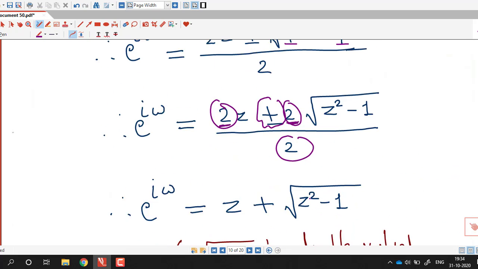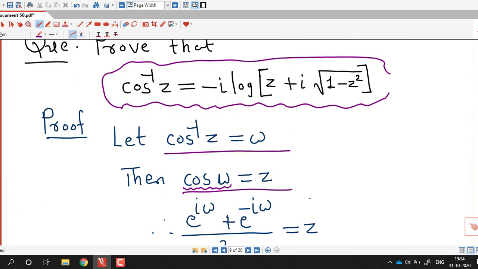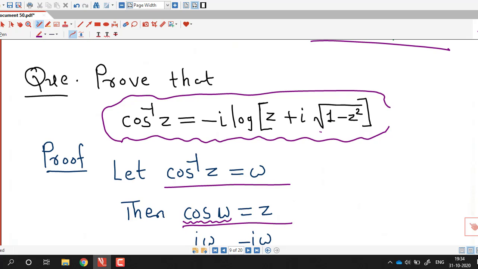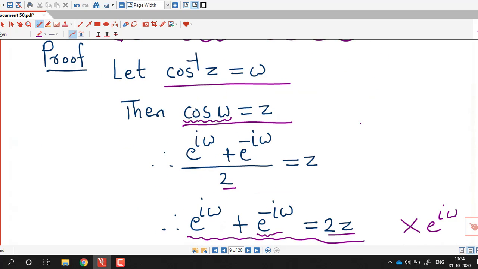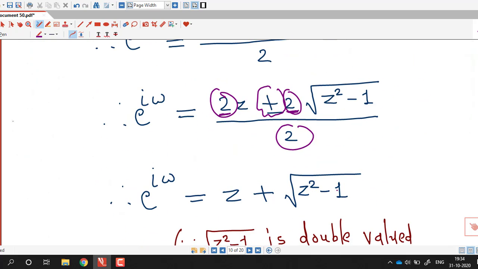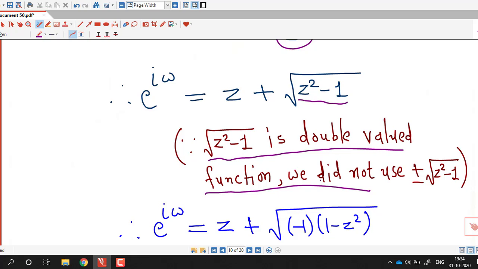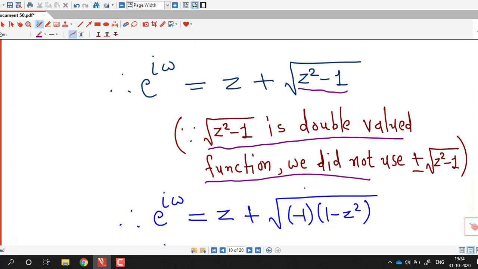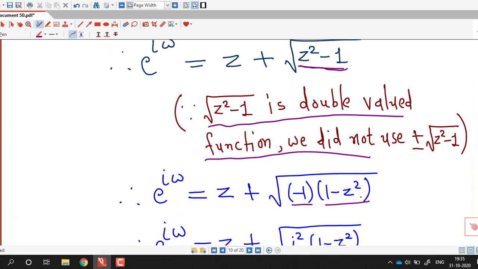Now in the formula we require square root of 1 minus z square, and here we obtain square root of z square minus 1. So we rewrite this as minus 1 times 1 minus z square, because we require square root of 1 minus z square in the formula.